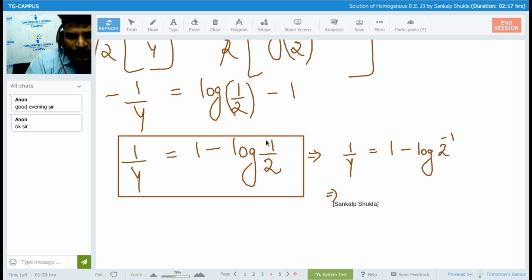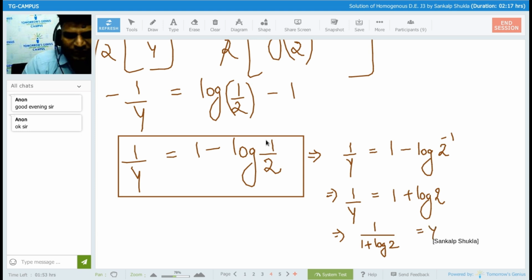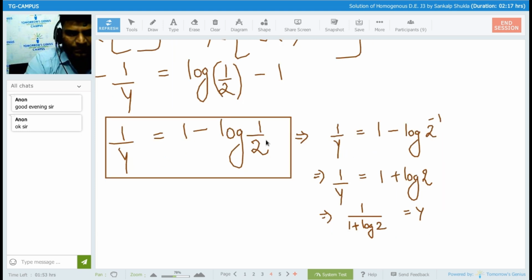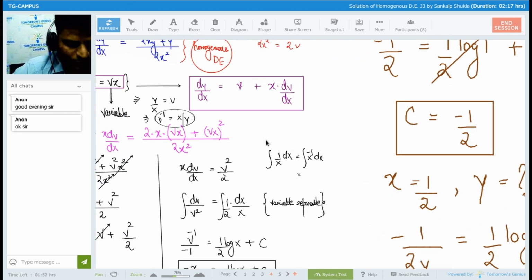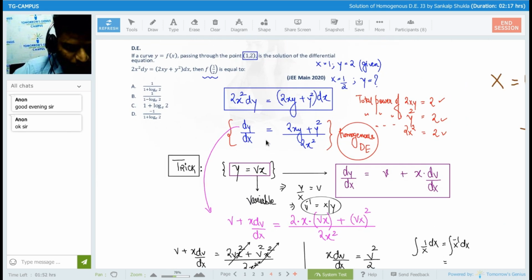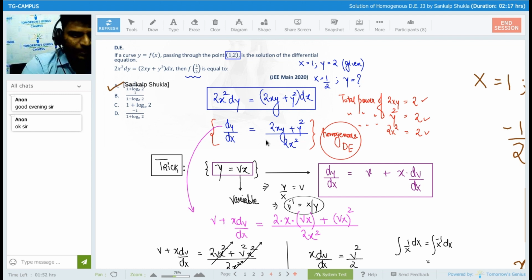So this will be 1 by y is 1 plus log 2. Right? So y is simply 1 upon 1 plus log 2. This is the final answer. Option A is the answer. See, this was a question from mains 2020.